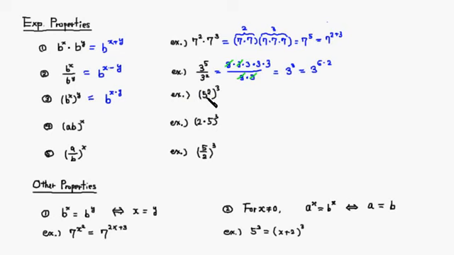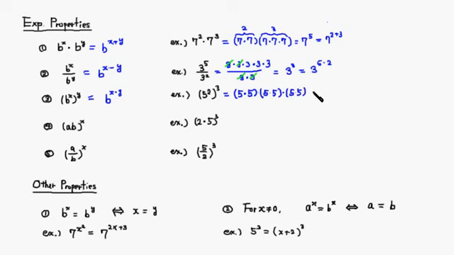Let's do 5 squared, raise the whole thing to the 3rd power. 5 squared is the same thing as 5 times 5, and raising to the 3rd power is multiplying 3 of those together. So you have 3 of these: 5 times 5, that's the first one, the second one is 5 times 5, and the third one is 5 times 5 again.